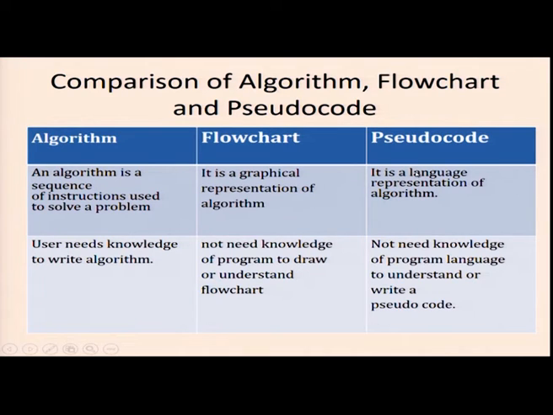A pseudocode is a language representation of an algorithm. In the algorithm, it is a sequence of instructions to solve a problem, whereas a flowchart is a diagrammatic or graphical representation of algorithms. In the case of pseudocode, it is a language representation of an algorithm.